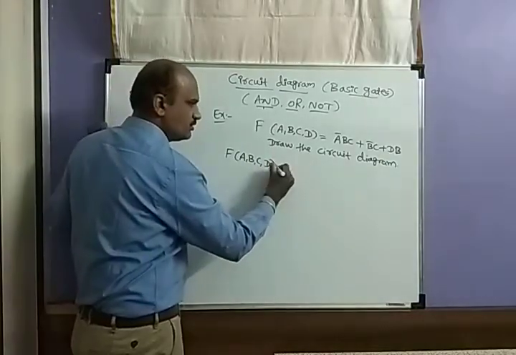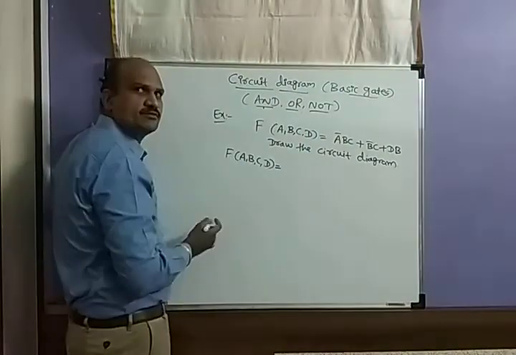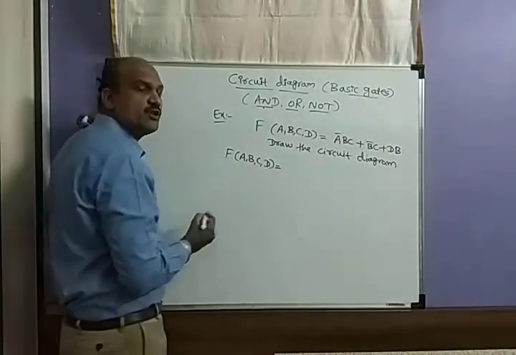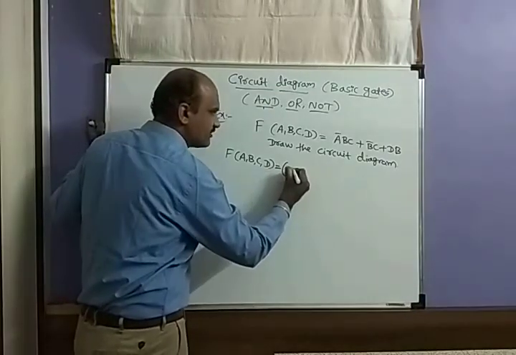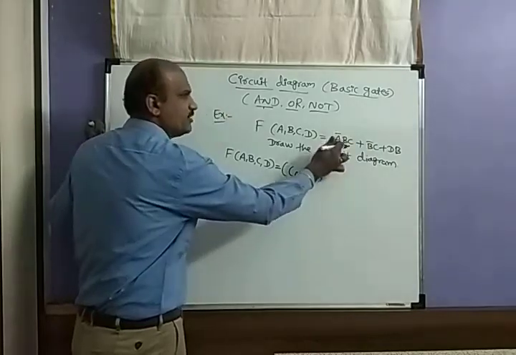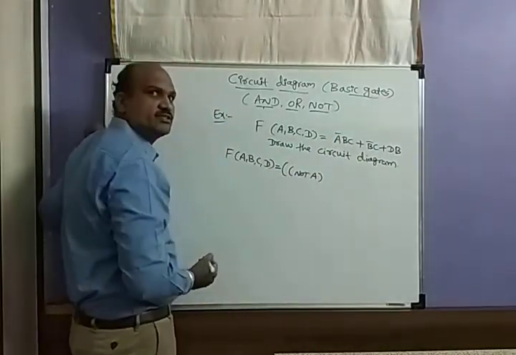So it is equal to A bar. A bar means it is a NOT gate, so it should have a NOT gate. It starts with a gate inside, it is NOT A, because A bar it is. After that it is a multiplication symbol.